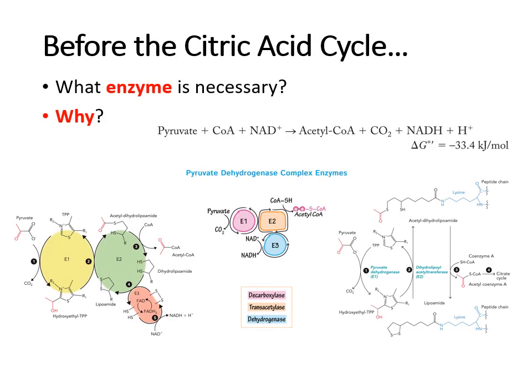Now, before the citric acid cycle, something else has to happen first. Now, we mentioned that the citrate cycle is going to be responsible for oxidizing acetyl-CoA. Well, that means that first you have to make that acetyl-CoA, right? So the enzyme that's necessary before the citric acid cycle is going to be this one here, pyruvate dehydrogenase.